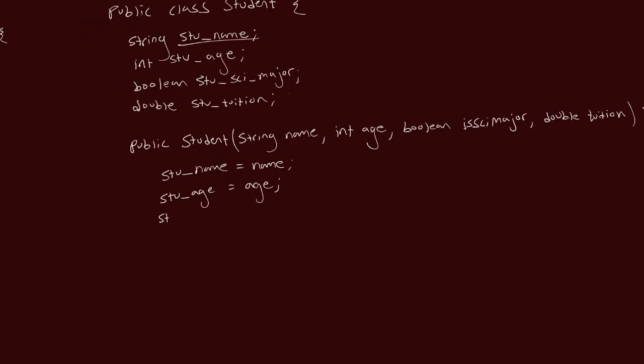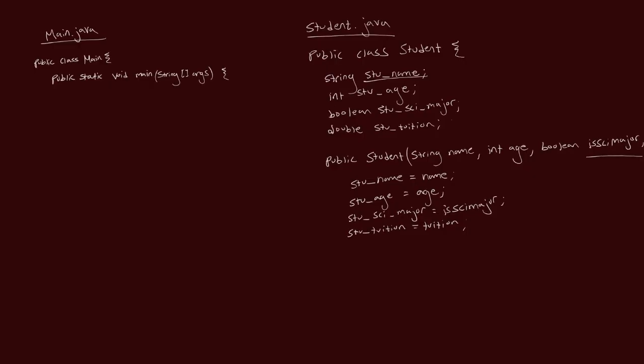For checking if they're a science major or not, we're gonna pass in is sci major, and for tuition, it's gonna be student tuition, tuition equals tuition. Okay, so from our main, when we set up the constructor, whatever we pass into the constructor will be passed along here. Now this is the constructor for if the student doesn't have a scholarship.